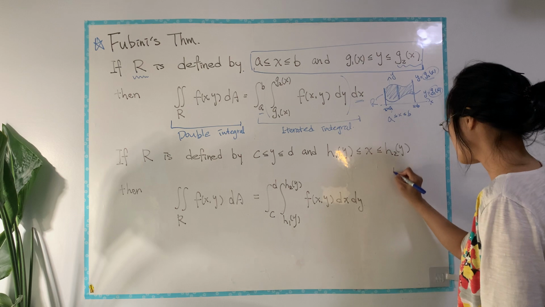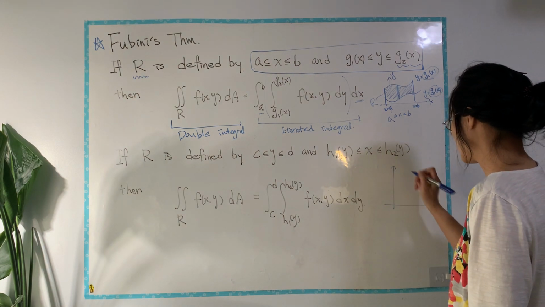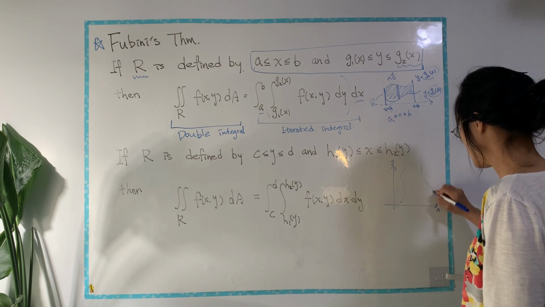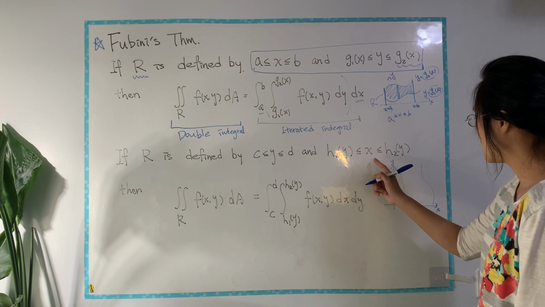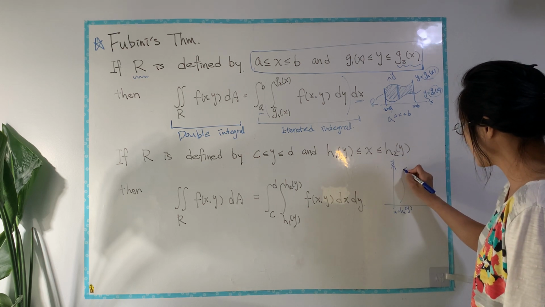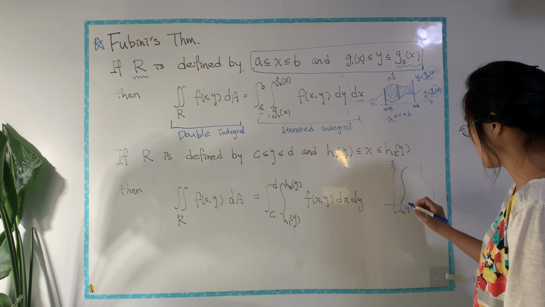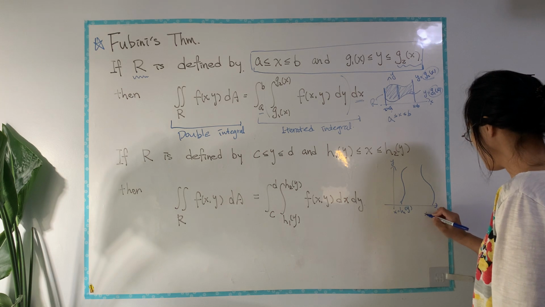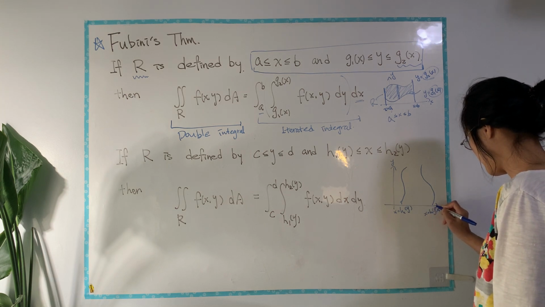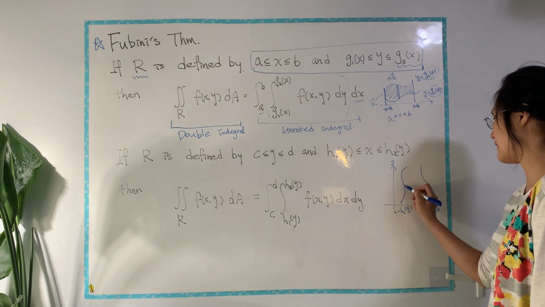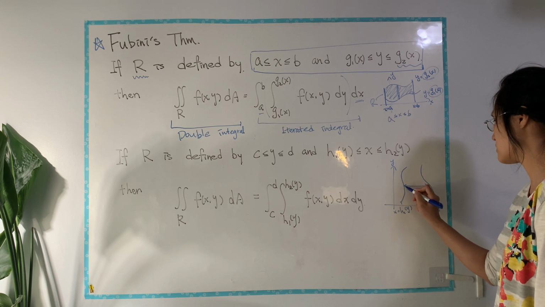Similarly, if your region R looks like this, then x is in between the function h1 of y, let's say it's this one, and x equal to h2 of y. So this is y. You only care about the x values in between these two curves.